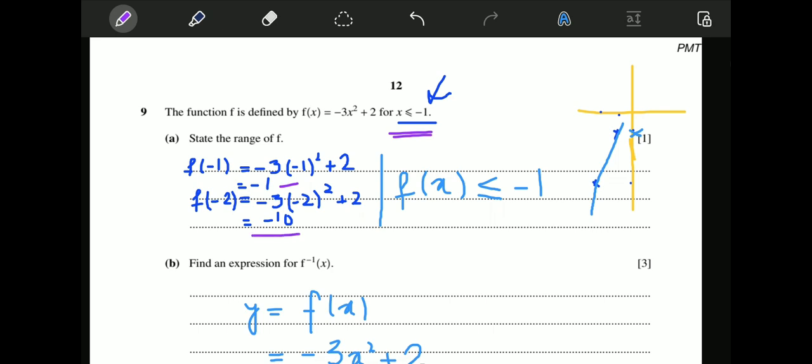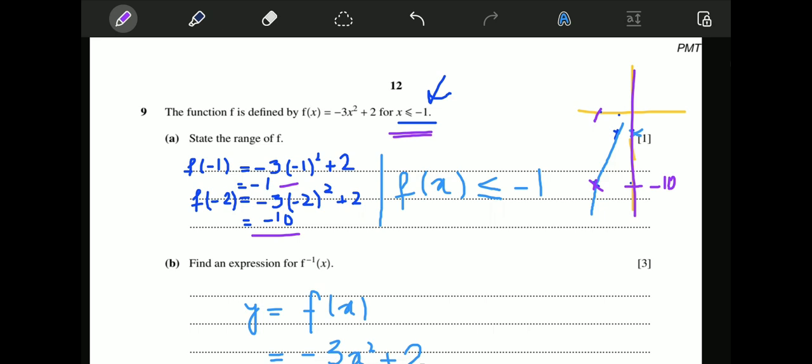So we can roughly sketch this on a grid. If x is minus 1, then y or f of x is also minus 1. And if x was minus 2, this point, then y was somewhere here, minus 10.